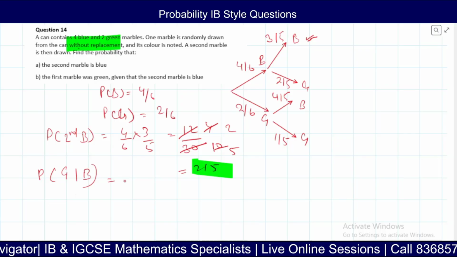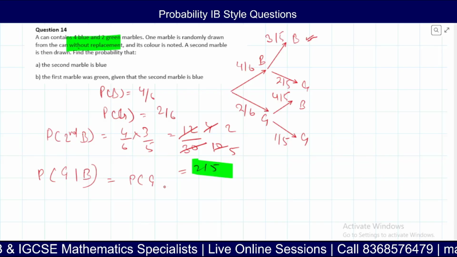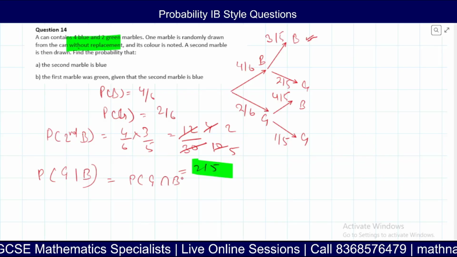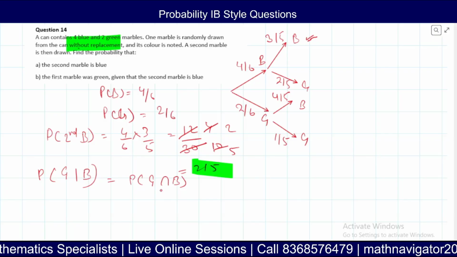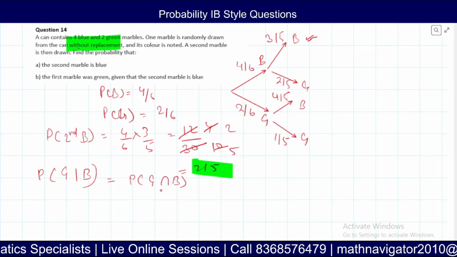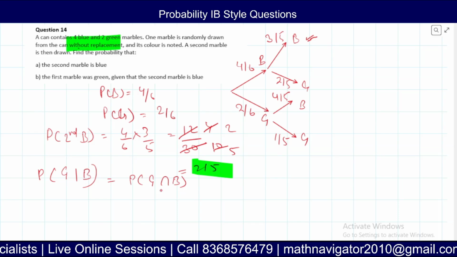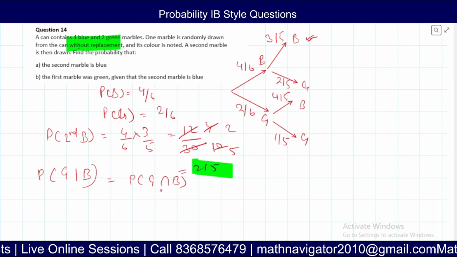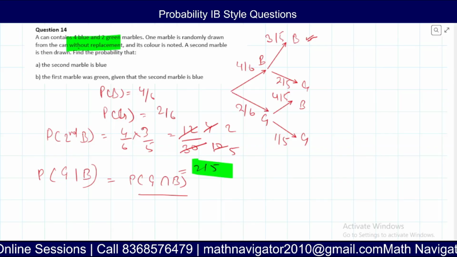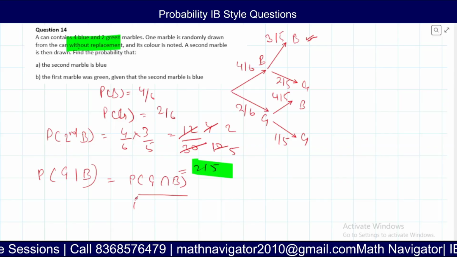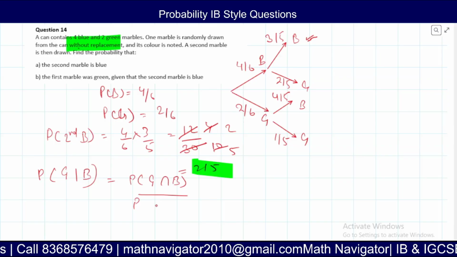So this is probability of first marble green and second marble blue. First marble can be either green or blue, but no, first marble has to be green and the second marble has to be blue, and then divide by probability of blue, right?